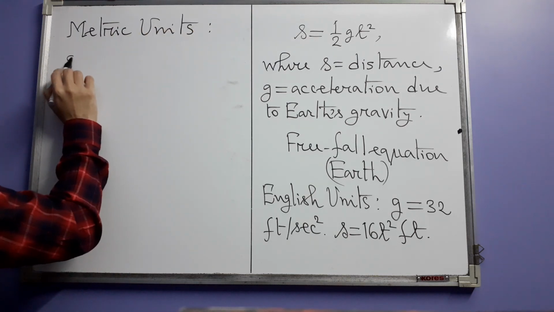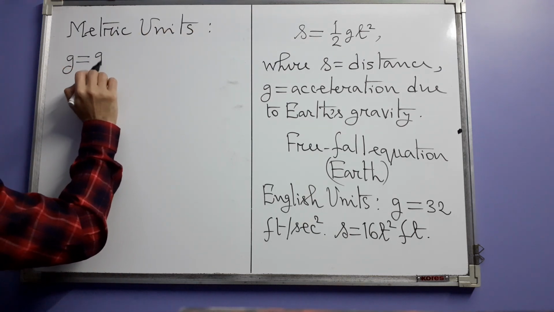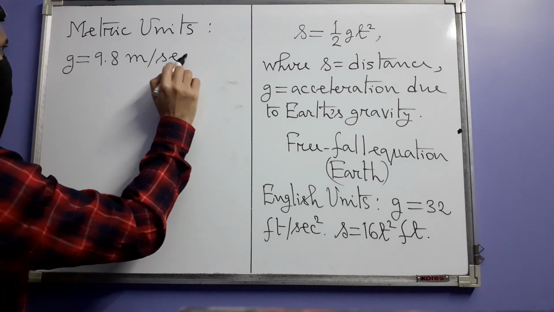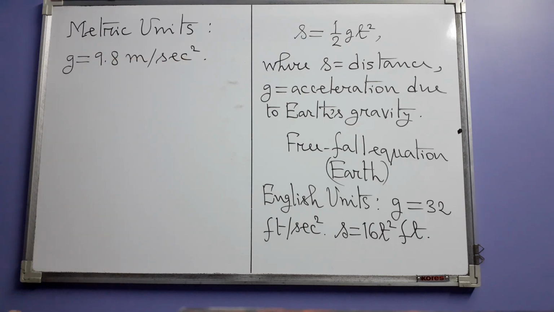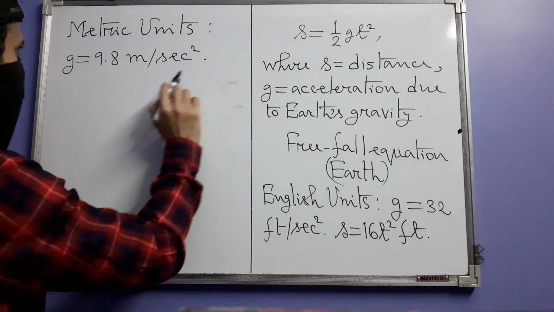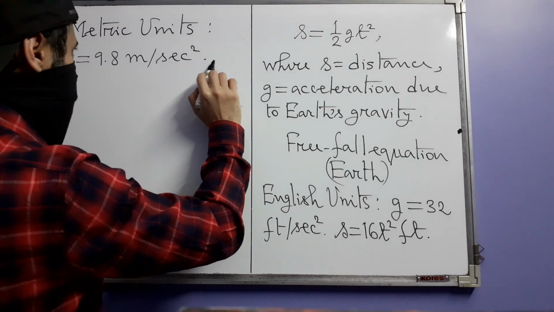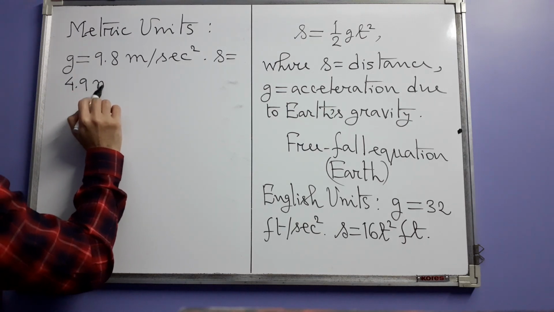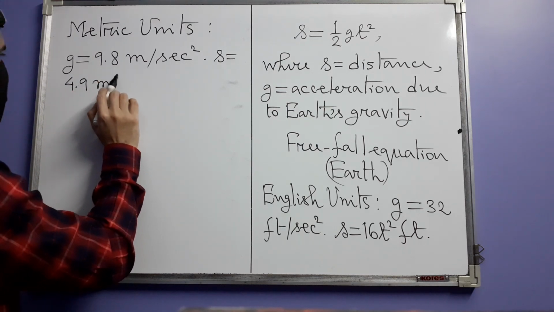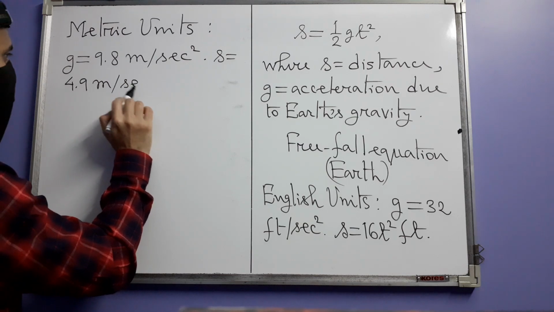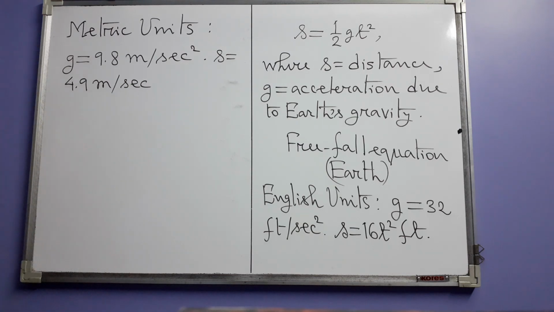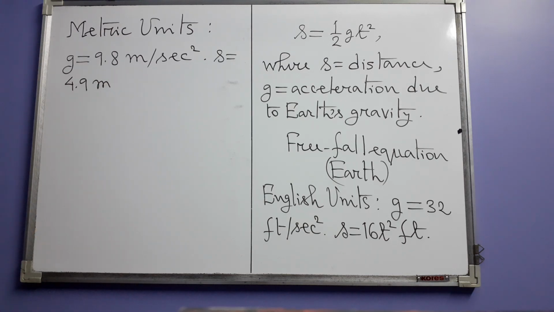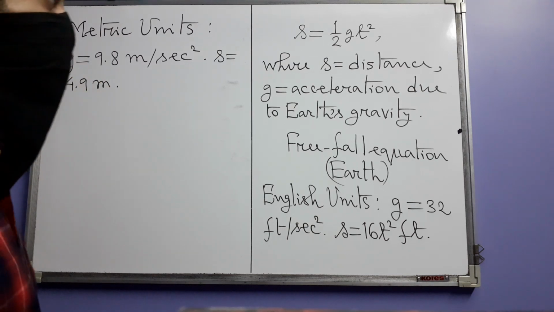In metric units, the value of g is about 9.8 meters per second squared, and now the free fall equation takes this form: 4.9 t squared meters. What am I writing? It is distance, meters.